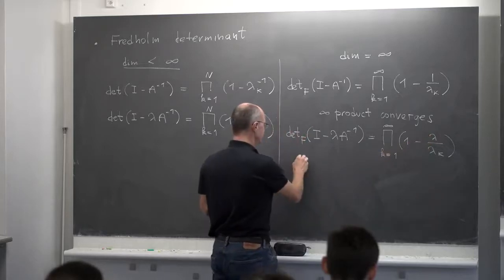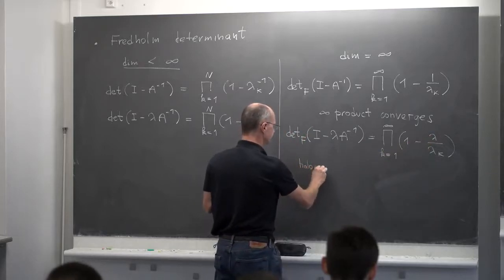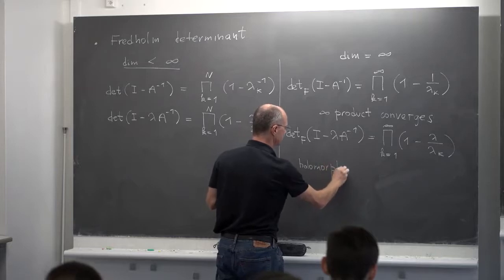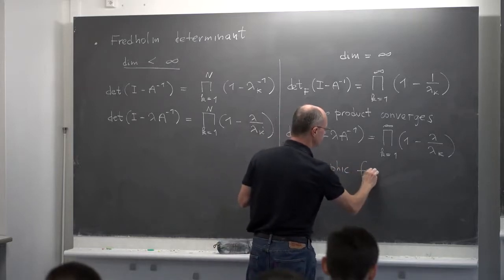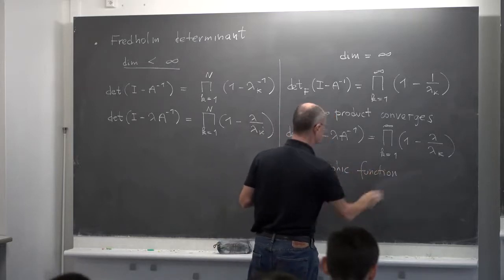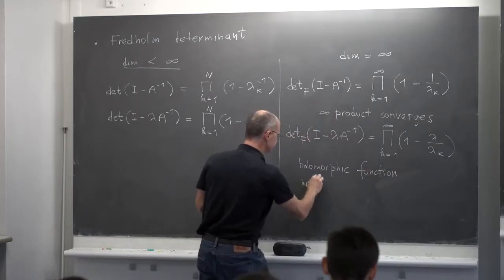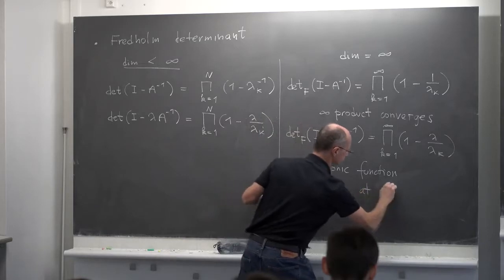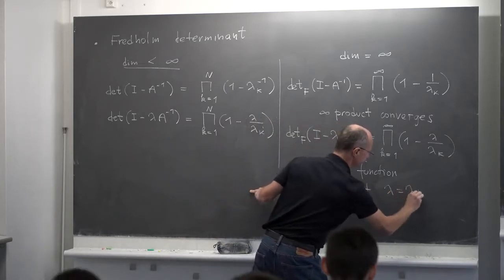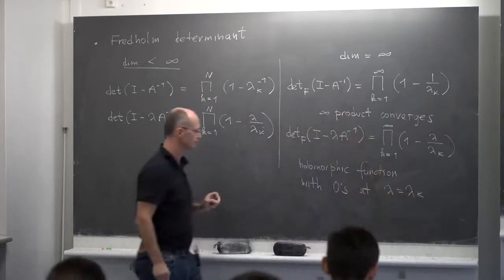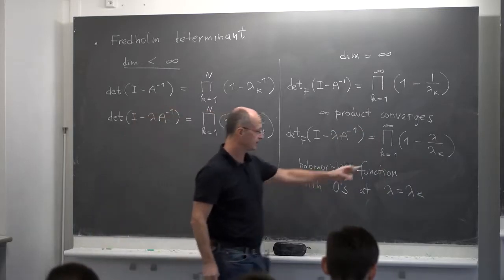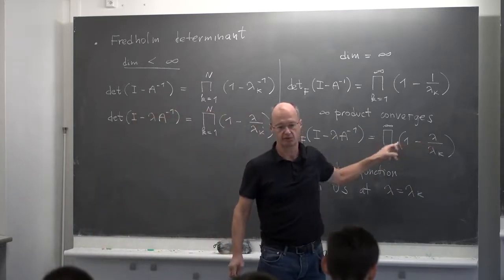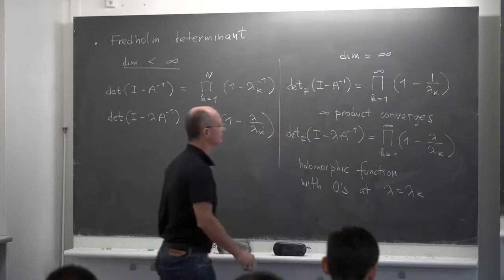So this infinite product defines a holomorphic function with zeros exactly at lambda equal to lambda k's, where one of the factors vanishes.